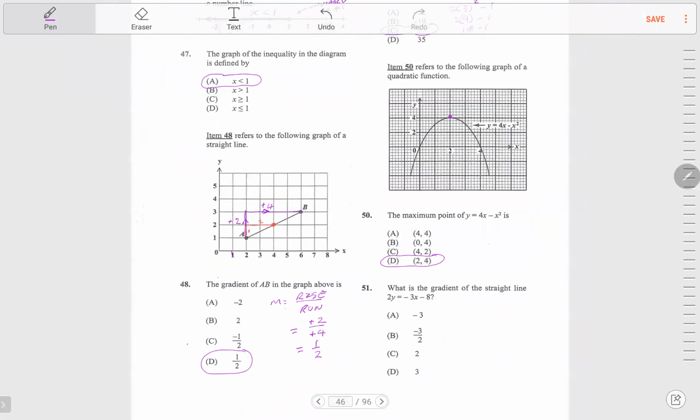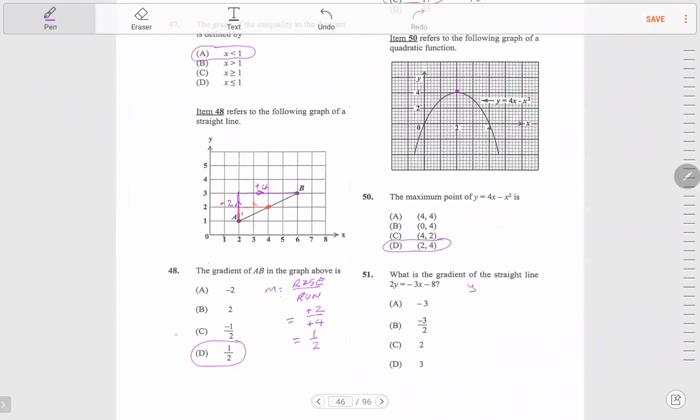It says, what is the gradient? To get the gradient, you have to put it in the form y equals mx plus c, with y alone as the subject. This has 2y right now, so you have to divide through by 2 to leave y alone as the subject. And so it becomes y equals minus 3 over 2 x minus 8 over 2, which is 4.